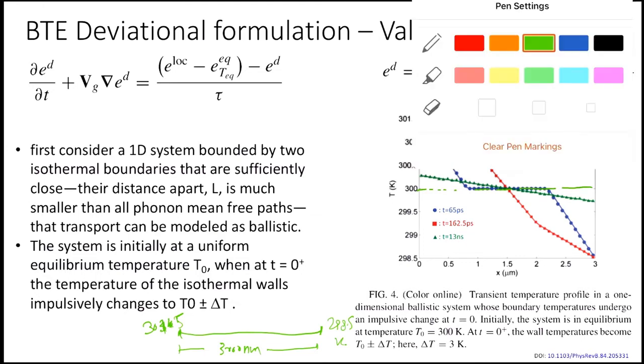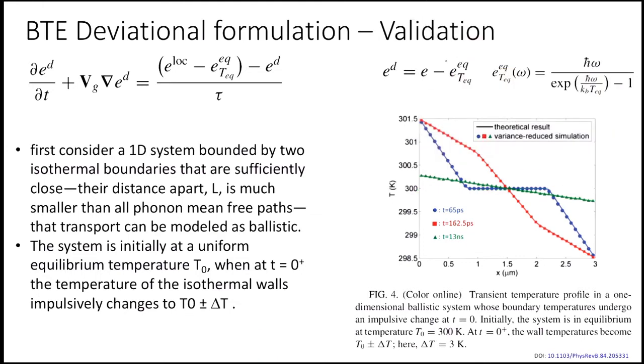Once you solve this problem in time, what you get might seem a little bit counterintuitive. At t equal to 65 picosecond, of course the entire system won't know what the boundary temperature is, because it takes some finite time for the wavefront to travel. So the heat has only reached till this part.